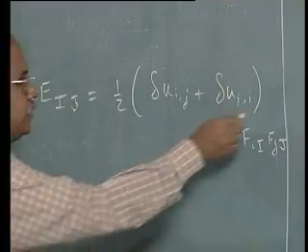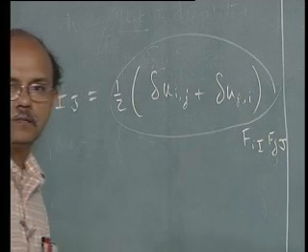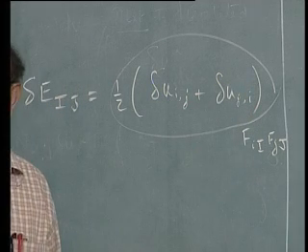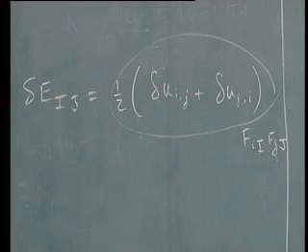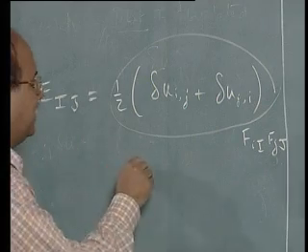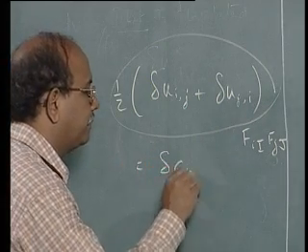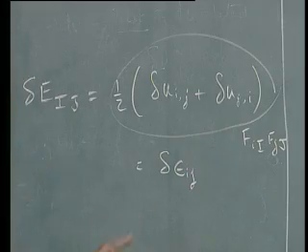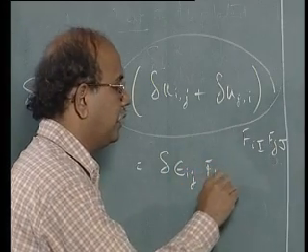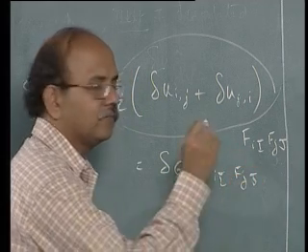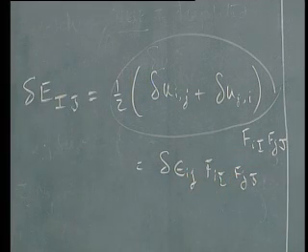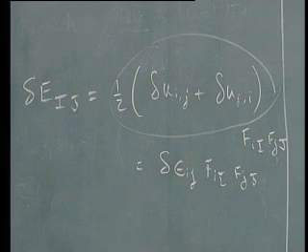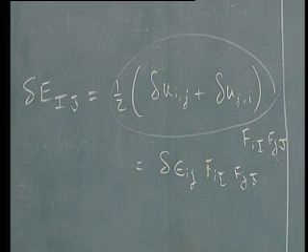Now look at this term, what is inside? That is nothing but delta epsilon ij. So delta epsilon ij fIi fJj. Look how neatly the whole thing falls in place when we move from the reference to the current configuration.